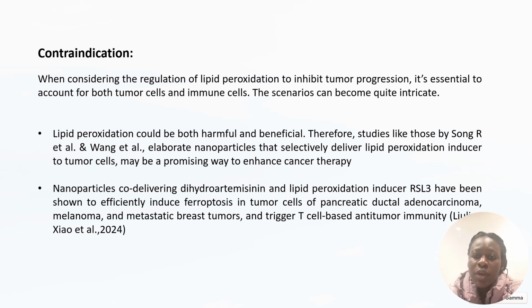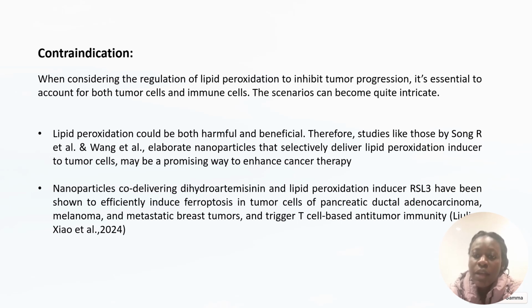These scenarios can become quite intricate. If you remember, there was a slide showing how lipid peroxidation can affect the immune cells and the tumor cells either in a good way or in a bad way. So the effect is different. Lipid peroxidation could be both harmful and beneficial.